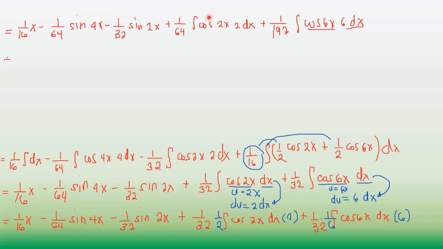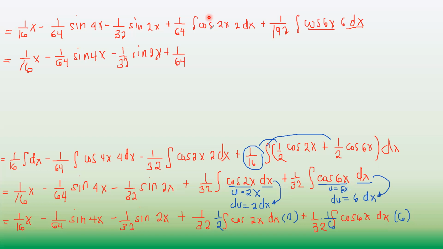Then we will have 1 over 16 x minus 1 over 64 of sine 4x minus 1 over 32 of sine 2x plus 1 over 64.